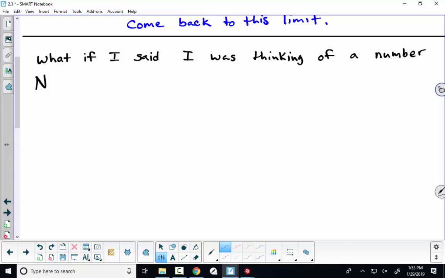So I'm thinking of a number where the number I'm thinking about is smaller than or equal to 3, and the number I'm thinking about is larger than or equal to 3.